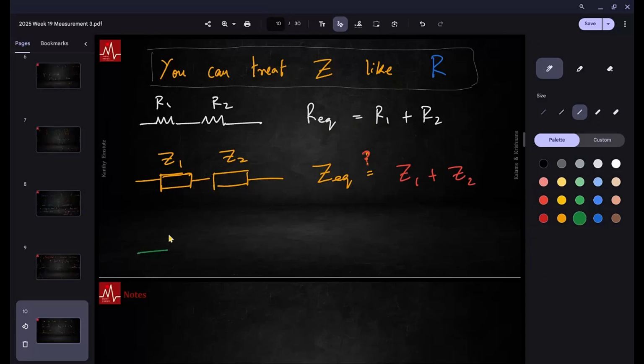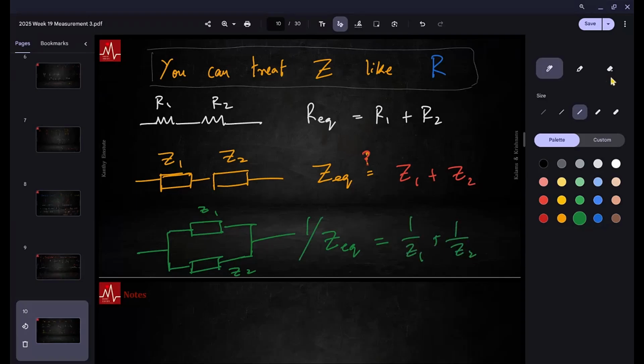Now, instead of that, you have this. Z1, Z2 is a parallel combination. What is Z equivalent here? Yeah, so you are referring to 1 by Z equivalent as 1 by Z1 plus 1 by Z2.